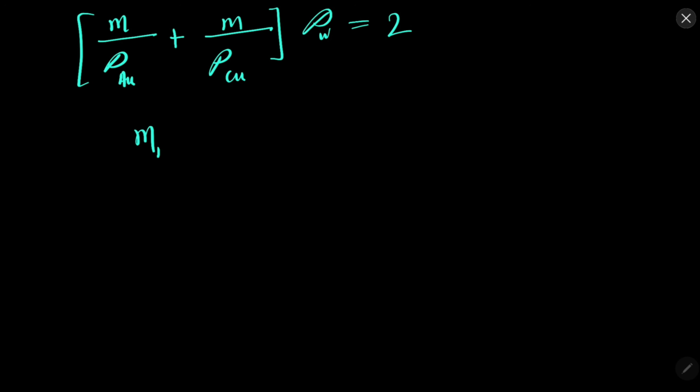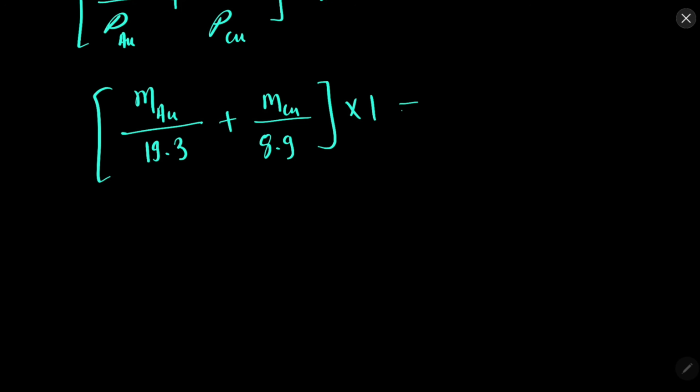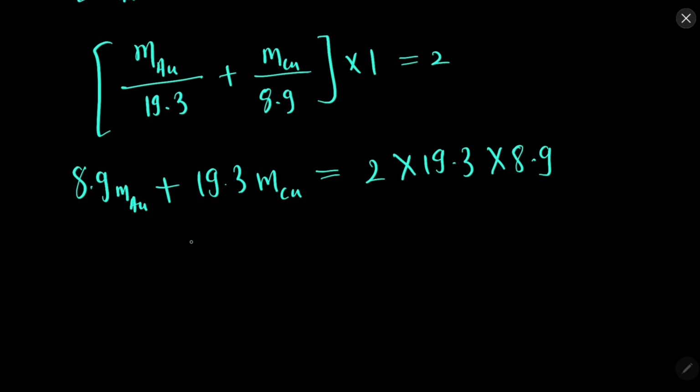Now let's put the values. 19.3, 8.9, into 1 equal to 2, 8.9 MAu plus 19.3 MCu equal to 2 into 19.3 into 8.9.